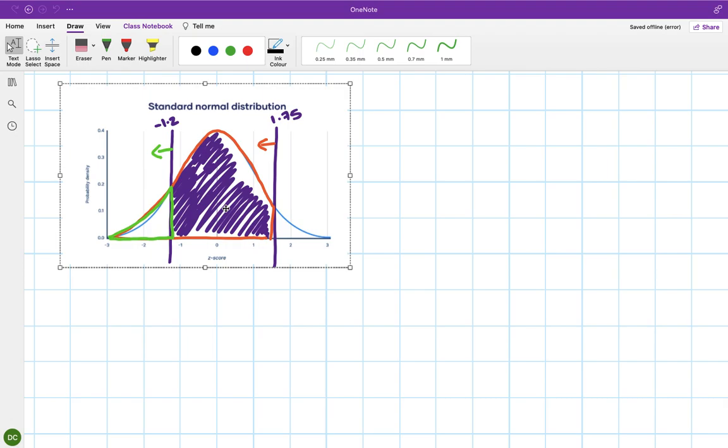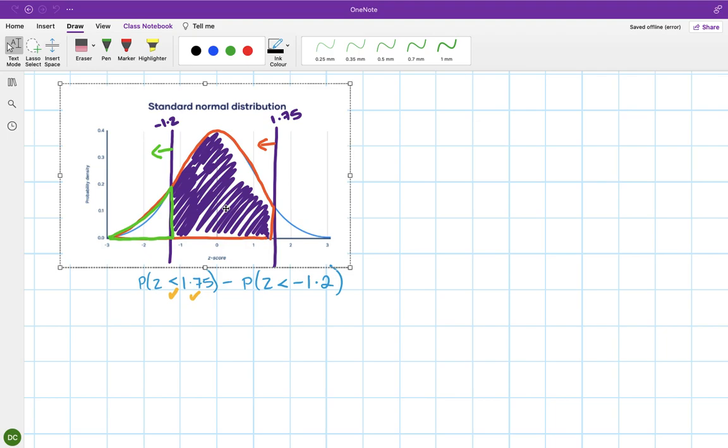So the probability of the z-score being less than 1.75 minus the probability of the z-score being less than minus 1.2. Okay, so this one is grand on the left. It's a less than and it's positive, so that's absolutely fine.